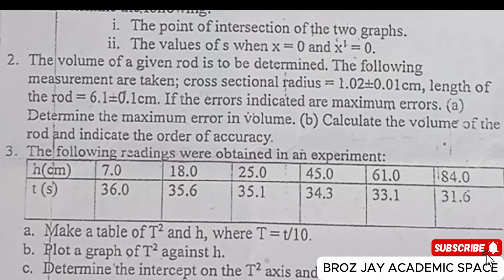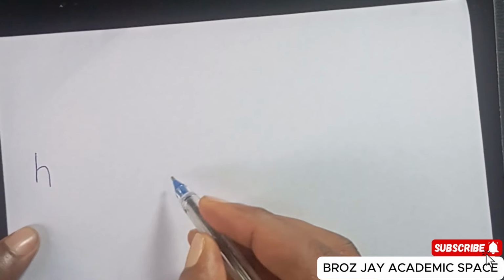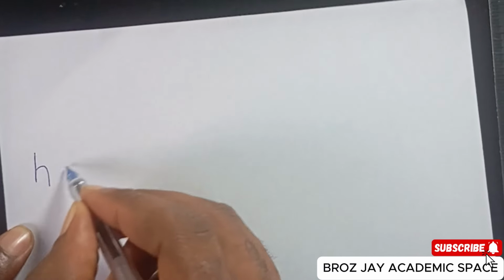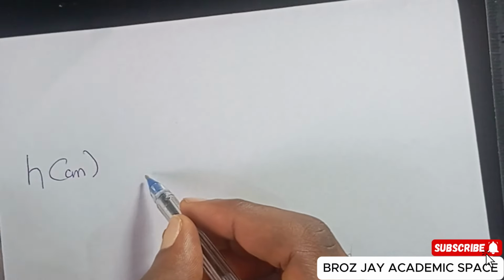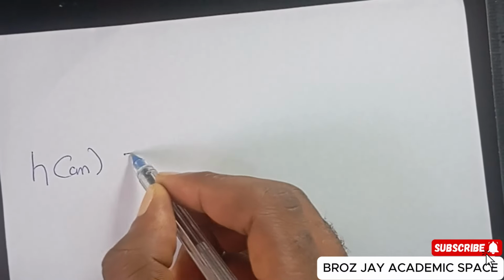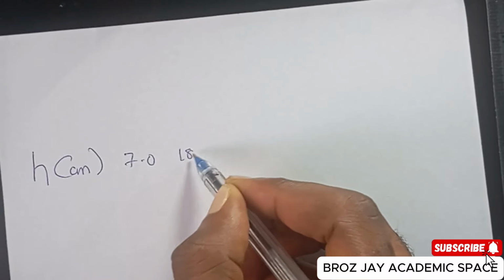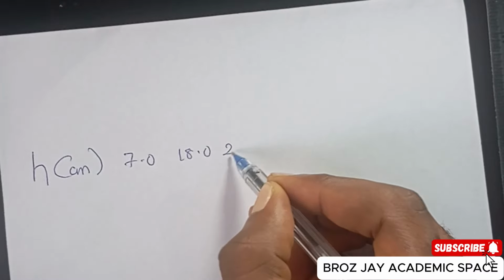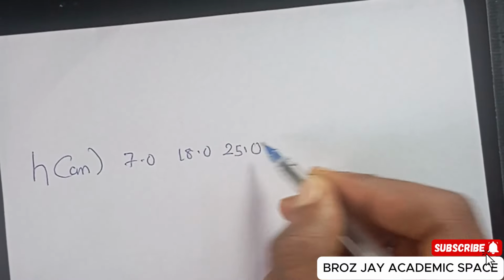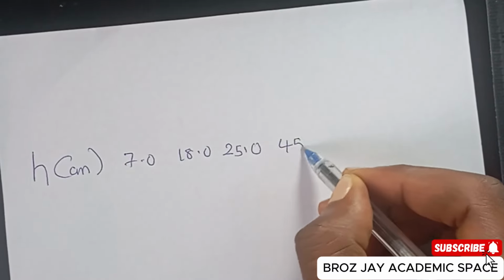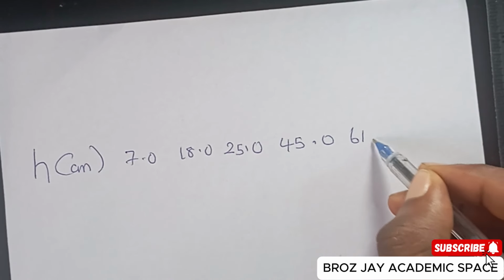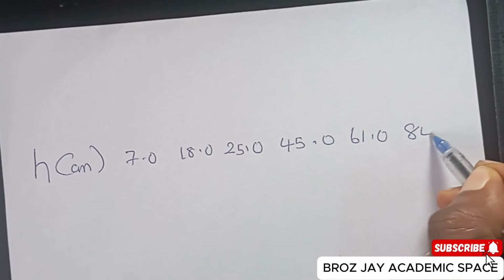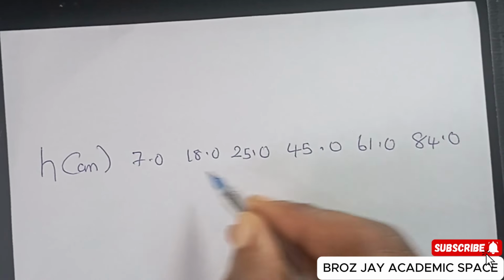Let's dive in. First of all, let's complete that table. This is for h, in cm. We have 7.0, 18.0, 25.0, 61.0, 84.0.